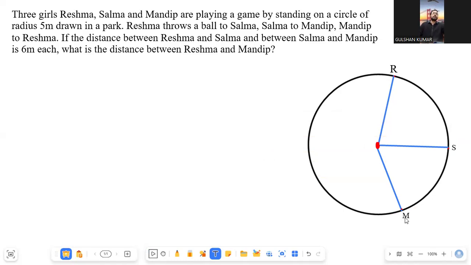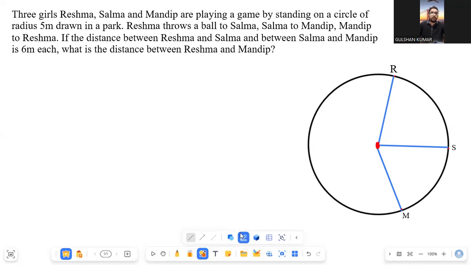According to the question, Reshma throws the ball to Salma, Salma to Mandeep, and Mandeep to Reshma. All three are throwing the ball to one another, and the distance between them is 6 meter.